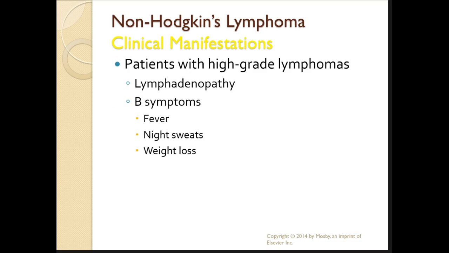Patients with high-grade lymphomas may have lymphadenopathy and constitutional symptoms such as fever, night sweats, and weight loss. The peripheral blood is usually normal, but some lymphomas actually manifest in a leukemic phase.